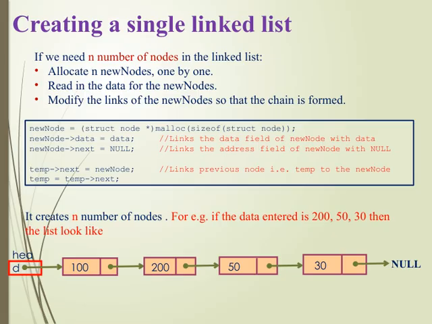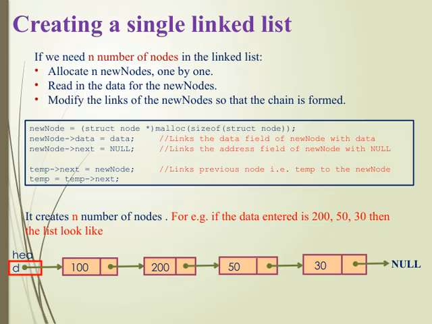This effectively links the new node to the chain. After that, we update temp to point to the new node, so that in the next iteration, we can add another node after it. When building a linked list with multiple nodes, say n nodes, we repeat this process n times. We allocate each node, read in its data, and adjust the links accordingly to form the chain.